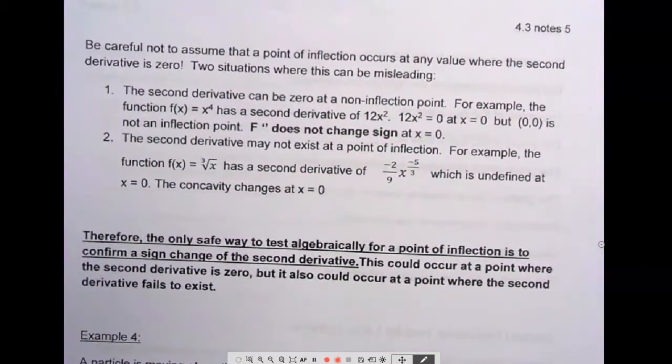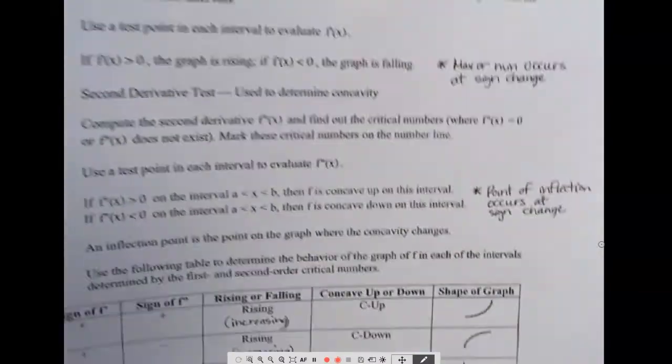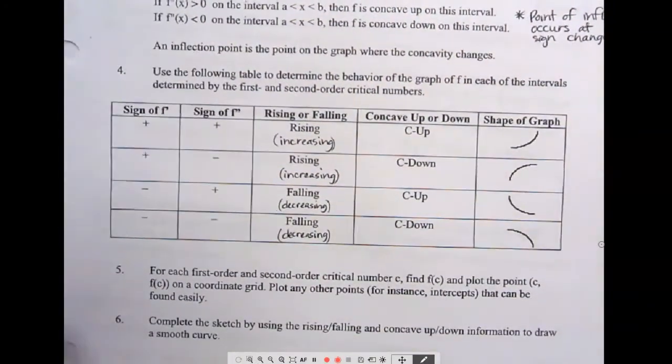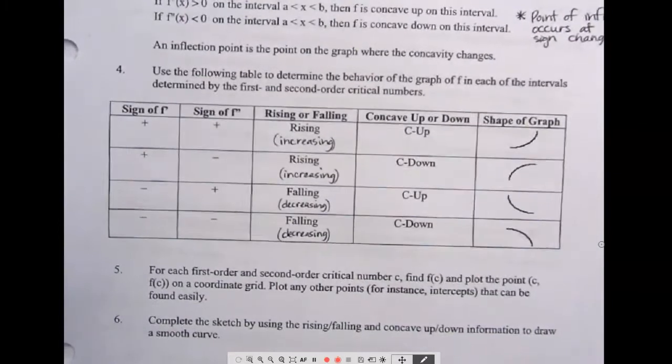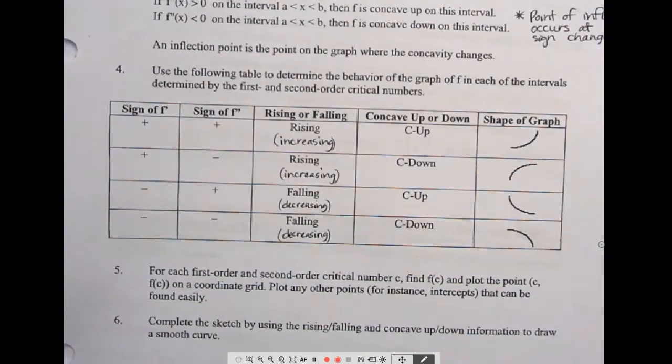All right. Since we're talking about that, let me give you this little cheat sheet. This has a whole bunch of summary that I would read through, but this little table is useful. So take a look at this. It bases what the graph looks like on the first derivative sign and the second derivative sign.